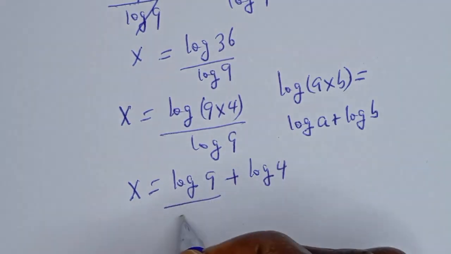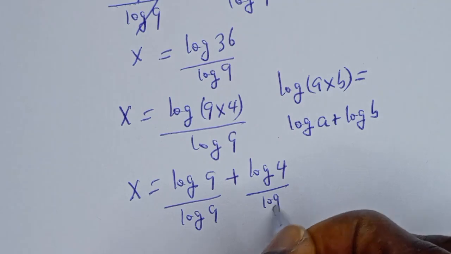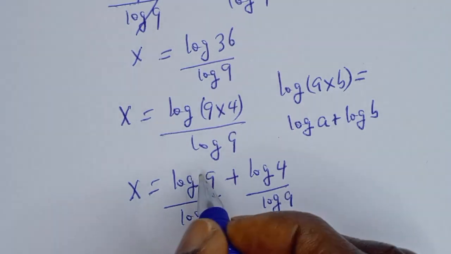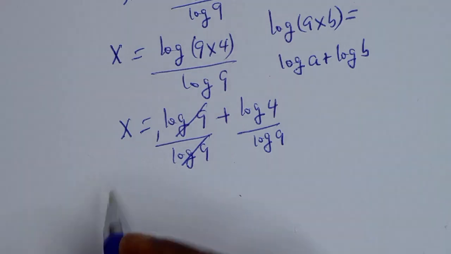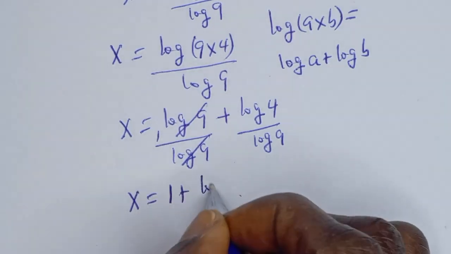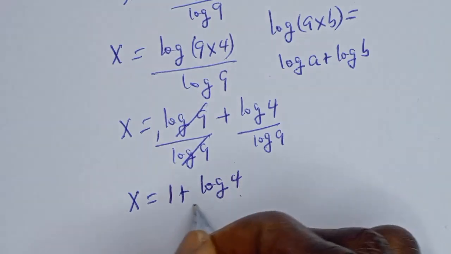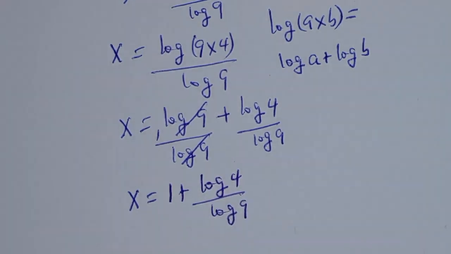Now let's divide this by log 9. This divided by log 9, then this divided by this, that is 1. S is equal to 1 plus log 4 over log 9.